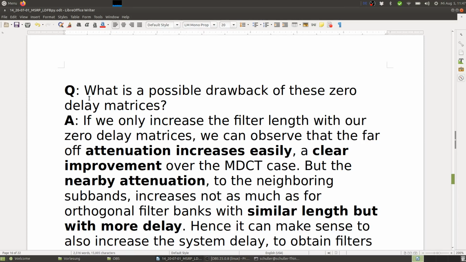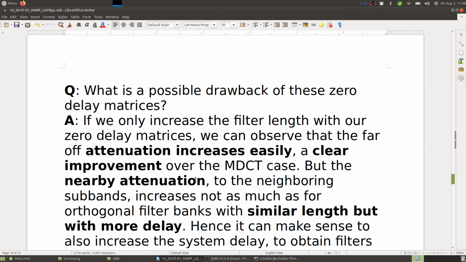So question, what is the possible drawback of these zero delay matrices? So far we saw it only has advantages because we don't pay any penalty in terms of the delay. So the answer: if we only increase the filter length with our zero delay matrices, we can observe that the far off attenuation increases easily, a clear improvement over the MDCT case.